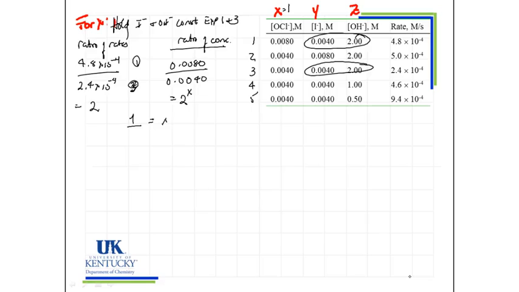Okay, now let's do it for y. For y, we need to hold the other substances constant. So we need to hold OCl minus and OH minus constant. And let's figure out what experiments do that.